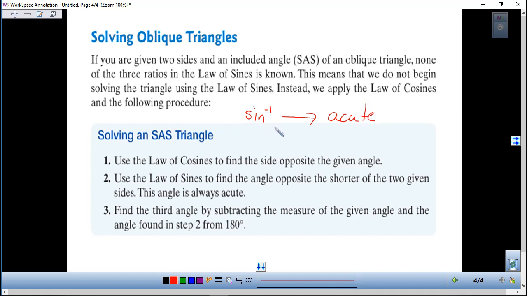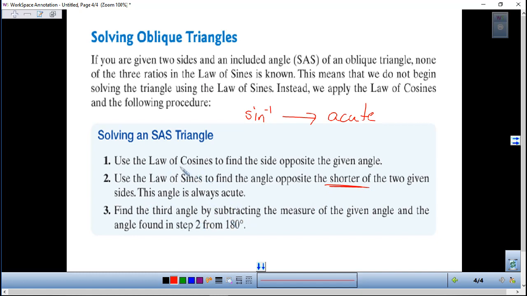The inverse sine, when you go to find the angle that way, will never, ever give you an obtuse angle. And we're going to find out why that's the case when we talk about the unit circle. So that's why you always want to find the angle opposite the shorter of the two given sides, because that angle is going to be acute.